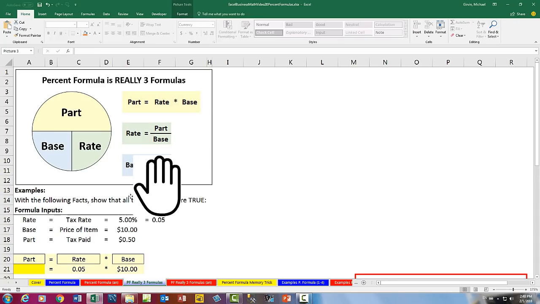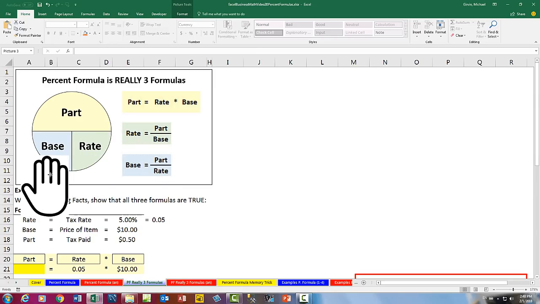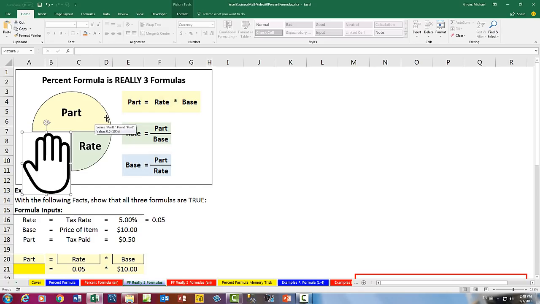Then, if you're trying to solve for rate because you have part and base, cover your hand up. And look at that, part divided by base, just like that formula right there. If you want to solve for the base, use your hand, cover up base, and it shows you part divided by rate, just like this formula right here.